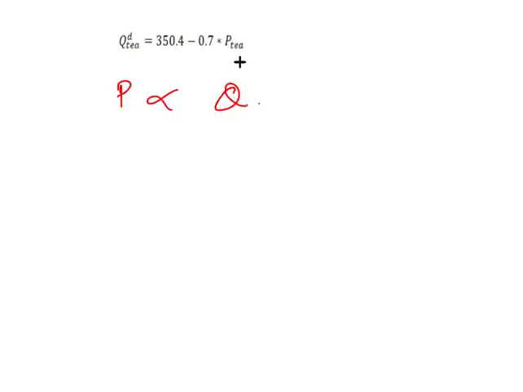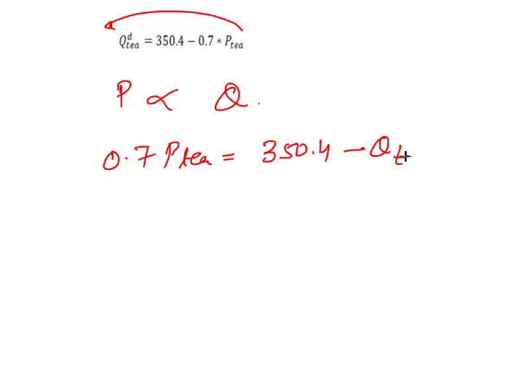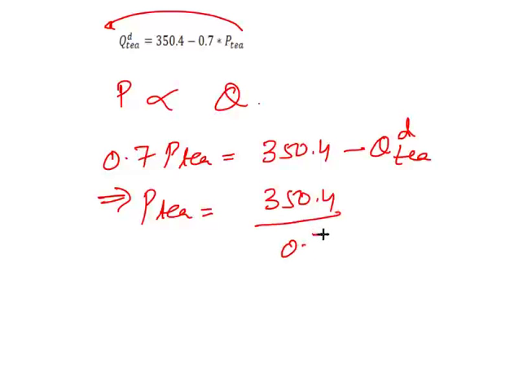So I'll say that 0.7 into the price of tea is equal to 350.4 minus the quantity of tea that is demanded. As a result, the price of tea can be written as 350.4 divided by 0.7, minus 1 by 0.7 into the quantity of tea that is demanded, right?